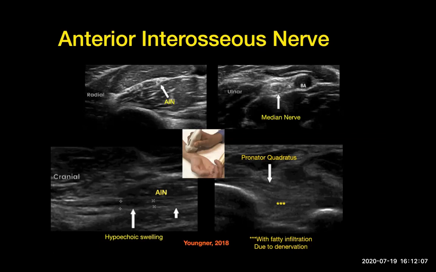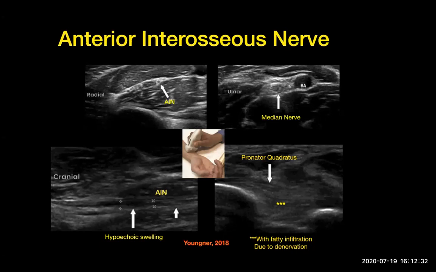What is very significant here is that, as I mentioned earlier, it is very important to compare the right and the left, whether one area is swollen over the other. As you can see here, one area is swollen, the other one is normal. Then also compare the longitudinal view, whether there is notching in the nerve.